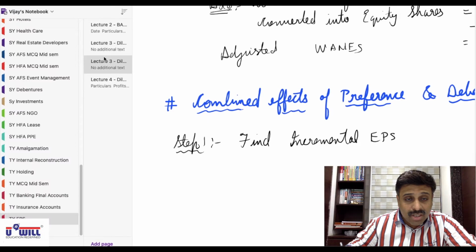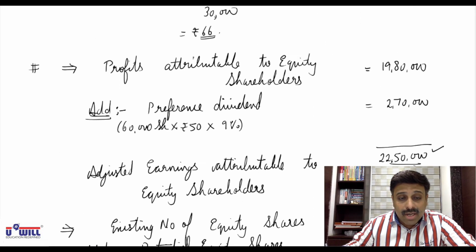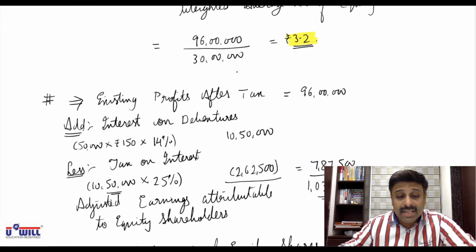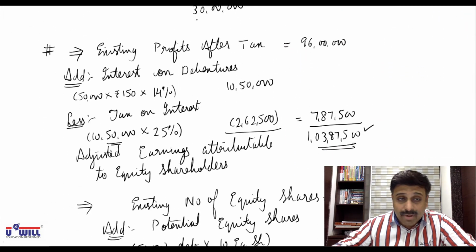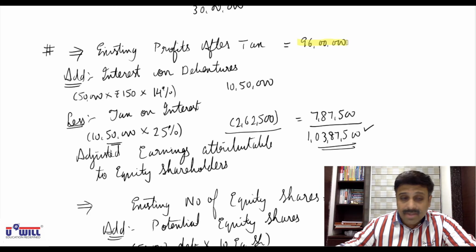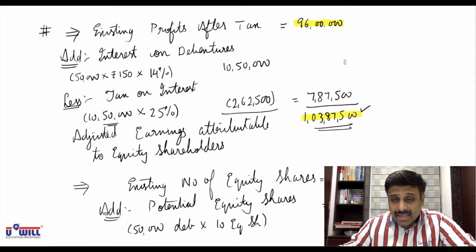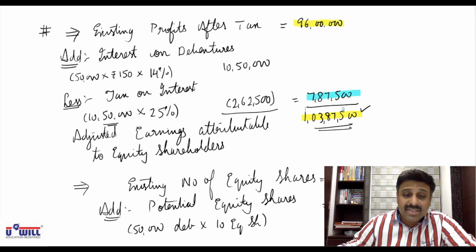Understand it. Suppose we solve the previous question. You can see that in question number 7, what was the existing profit? 96 lakhs. What was the adjusted earnings? 1 crore 3,87,500. So if I ask you what is the incremental earnings, can you say 7,87,500?